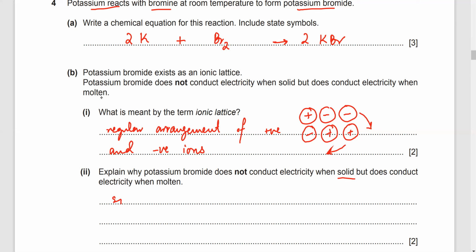In solid state, the ions cannot move, so no free moving ions, and in molten state, you have free moving ions. A more proper explanation would be that the particles are more energetic and can overcome the mutual attractive forces and move around.